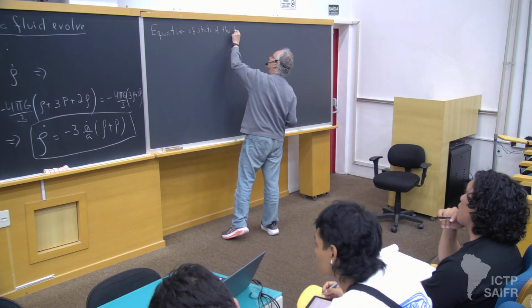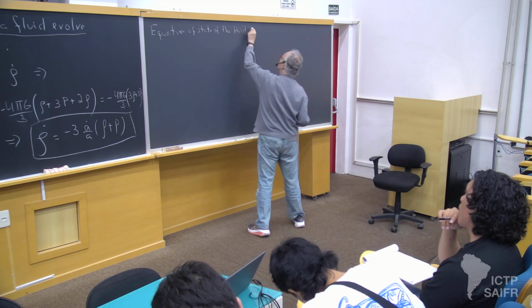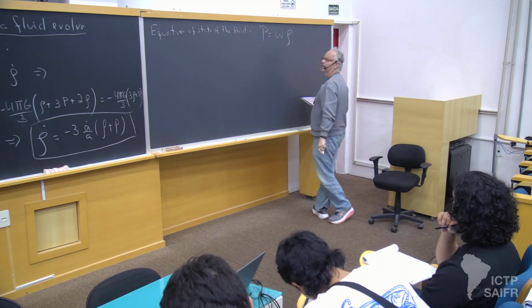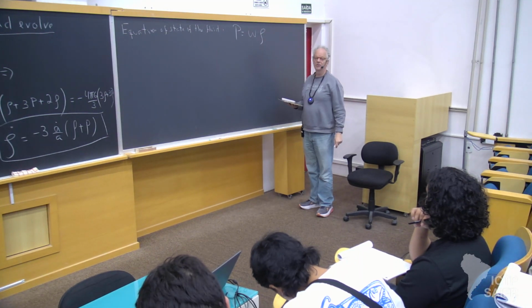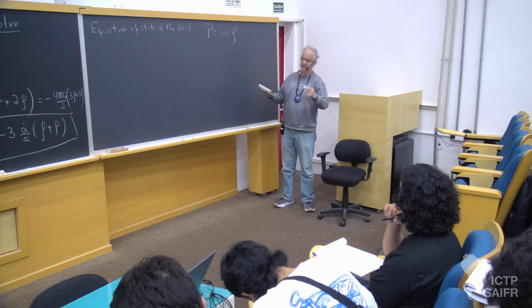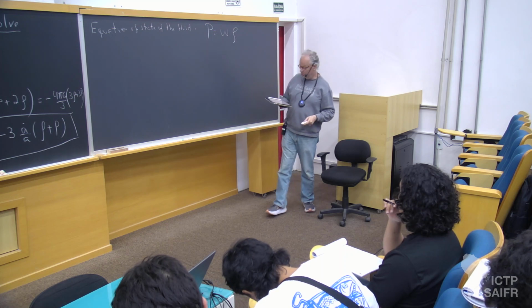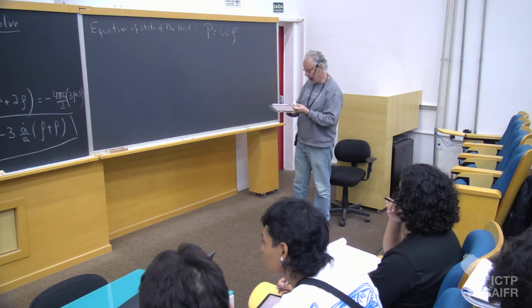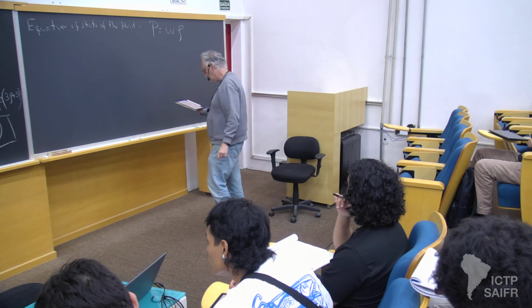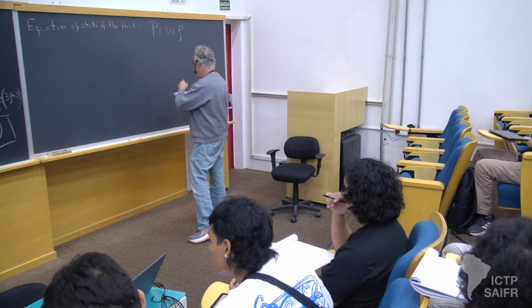So this is a relation between pressure and energy density. So w is a function. It could be a function of space and time, whatever, but we're going to make an assumption that w is a constant. So this is called the equation of state, and w is the equation of state parameter.